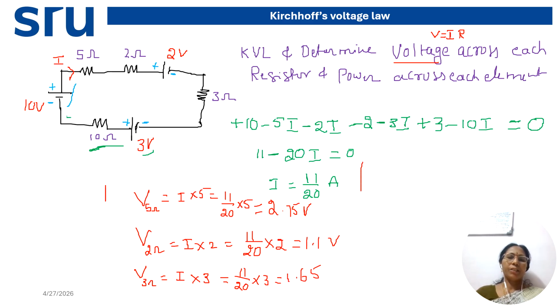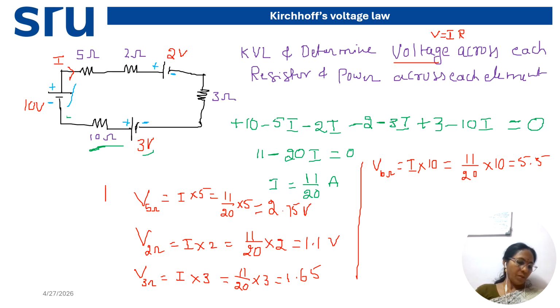Then the remaining element voltage, that is the 10 ohm resistance. Voltage across this is I into 10, where I is 11 by 20 into 10, so this is 5.5.